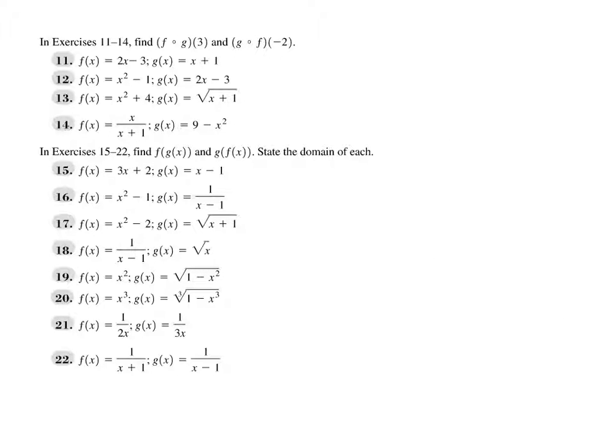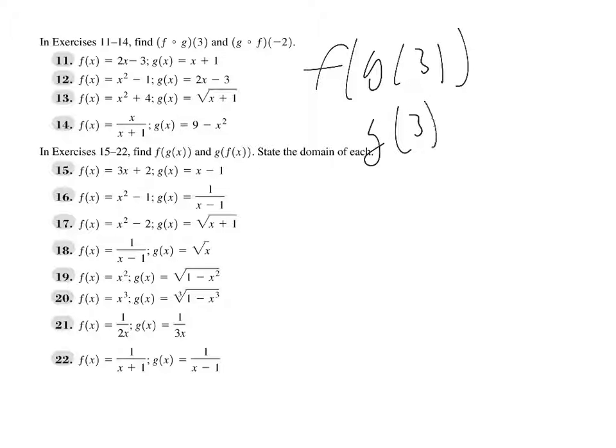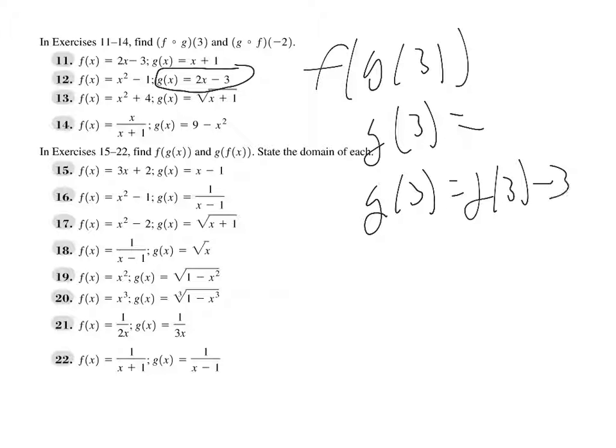So the other way to do this is, we've got f of g of 3, so I could find g of 3 first. I'm going to look at my g function. g of 3 works out to be 2 times 3 minus 3, which is 6 minus 3, which is 3.